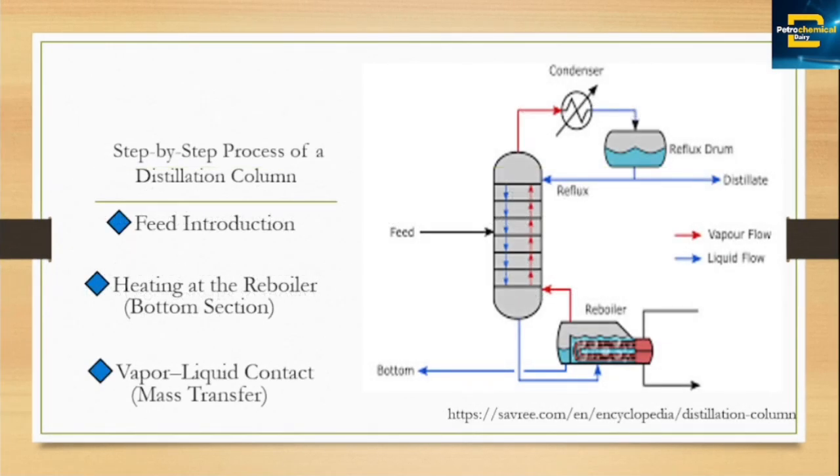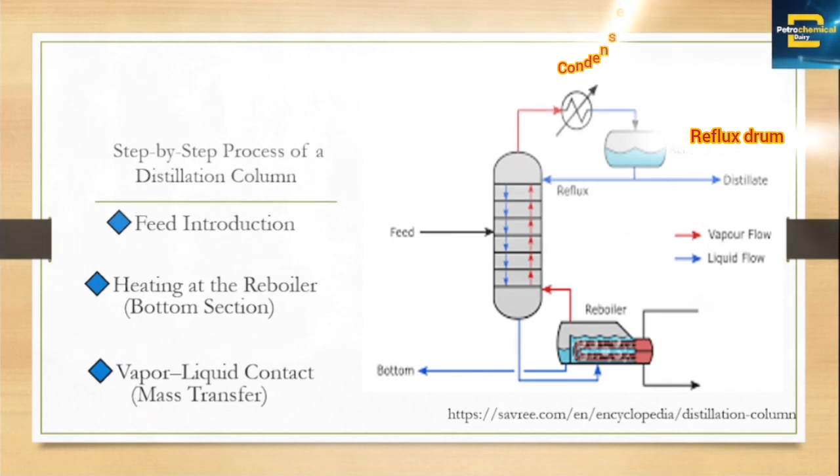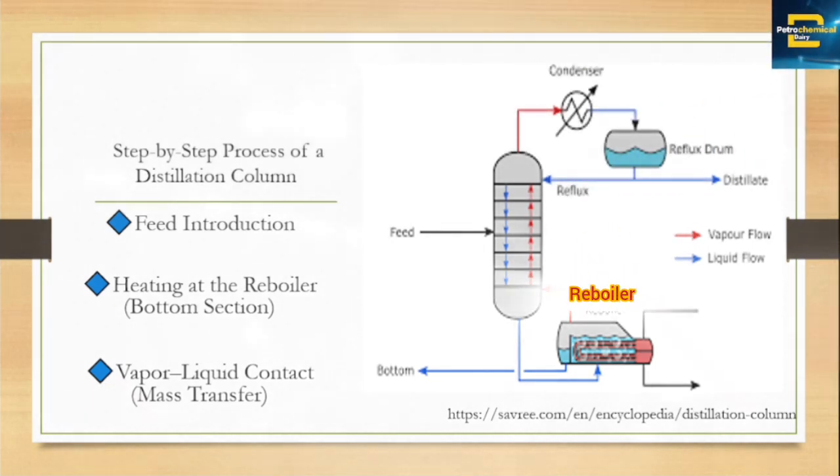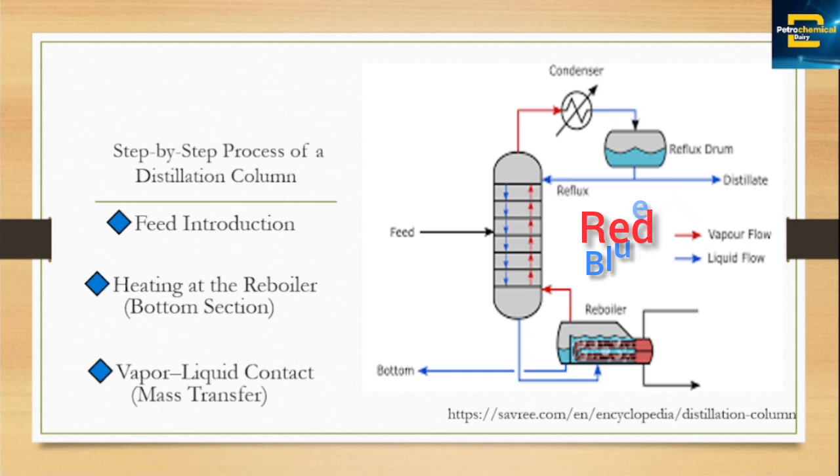Now this is a distillation column diagram. We have the feed, then the condenser, then the reflux drum, then the boiler, and then we see the blue and red arrows. The red arrow is vapor flow and the blue arrow is liquid flow.